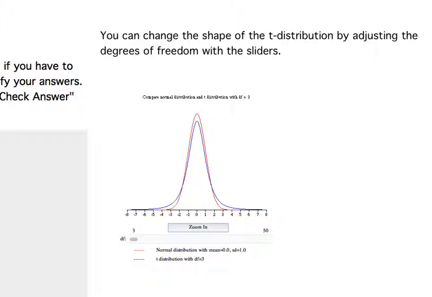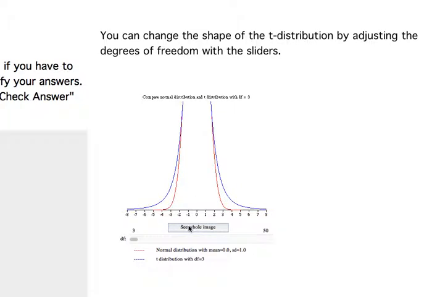It's a little hard to see, but there's also a link in Blackboard, so you can look at it on your own. There are two curves here, a red curve and a blue curve. Down here it says the normal distribution, so this is the standard normal distribution, is the red curve. The blue curve is the t distribution. So you can see they're similarly shaped.